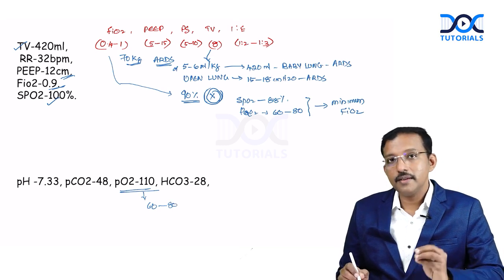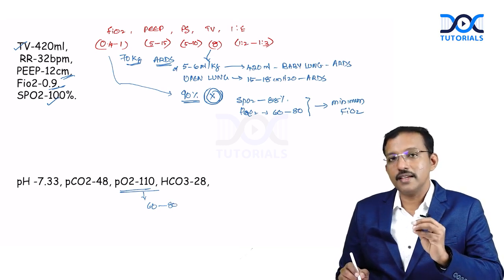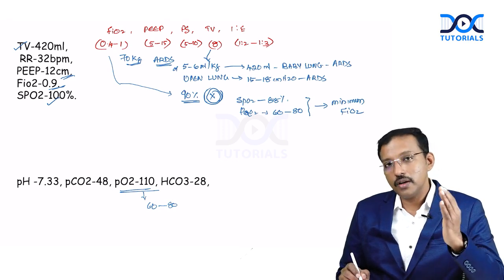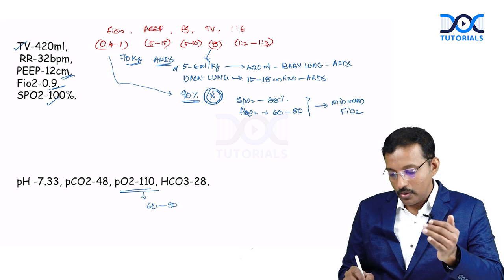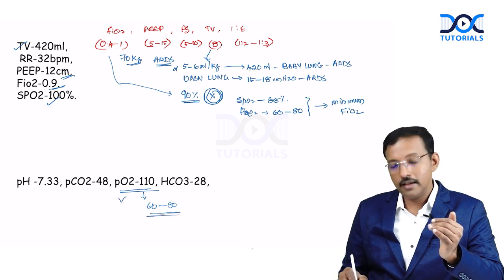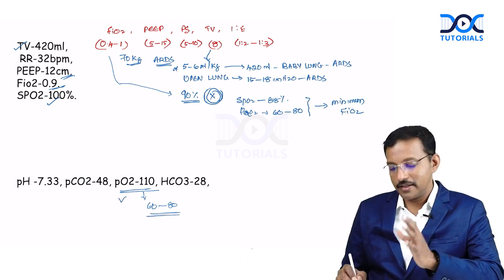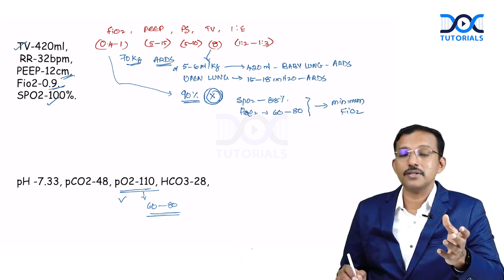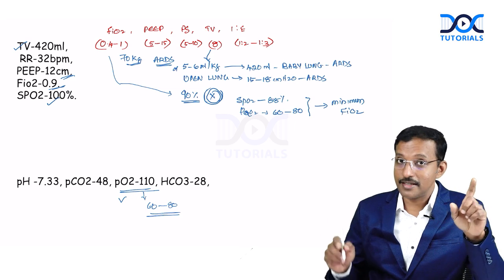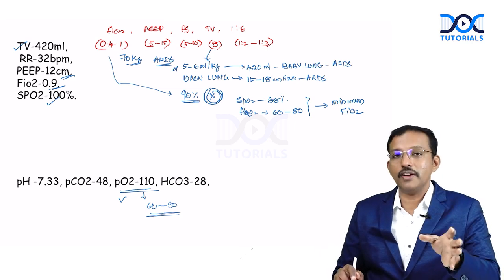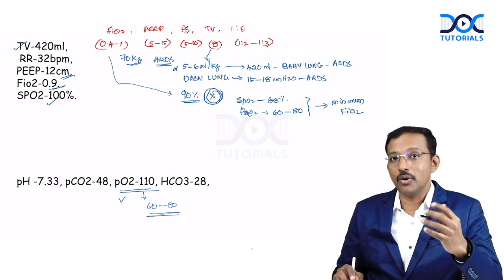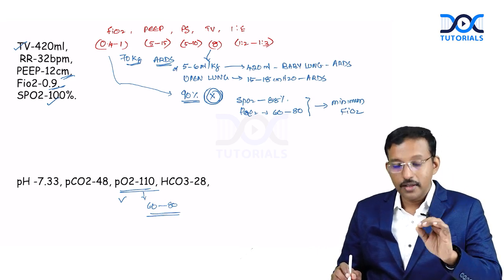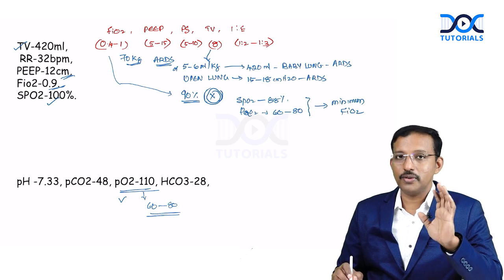So that means the first step we have to do in this case is to reduce the FiO2 from 0.9 to as low as possible in order to maintain a basic PaO2 of 60 to 80, because presence of increased concentration of oxygen, which is considered as a drug, is going to damage more by production of free radicals, all of you are aware of. So that is probably the next step which we have to do.